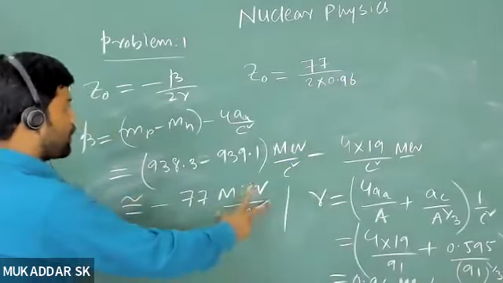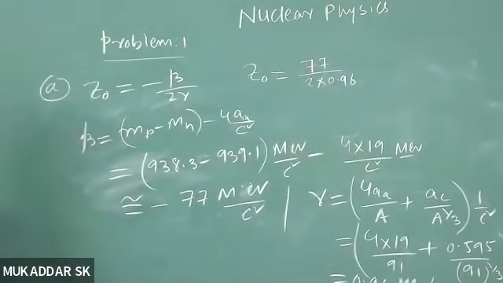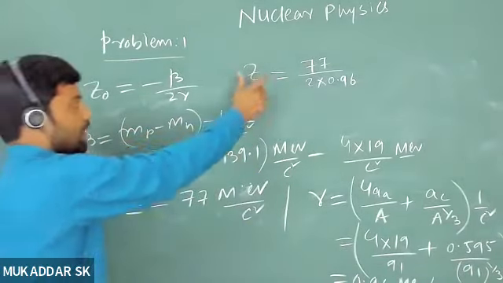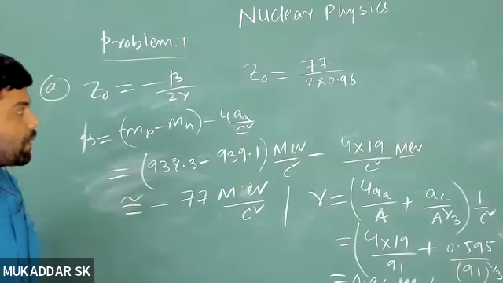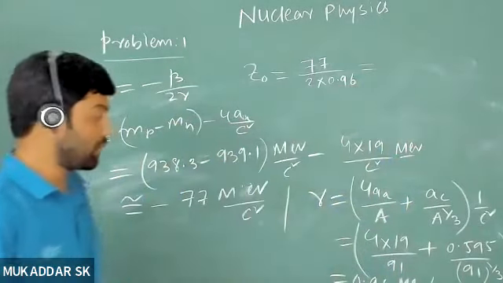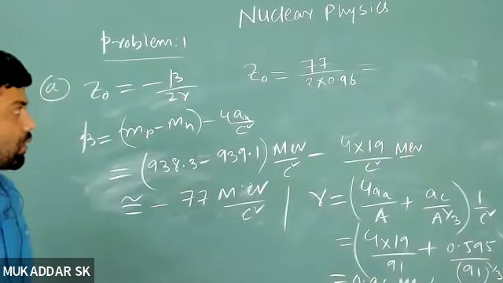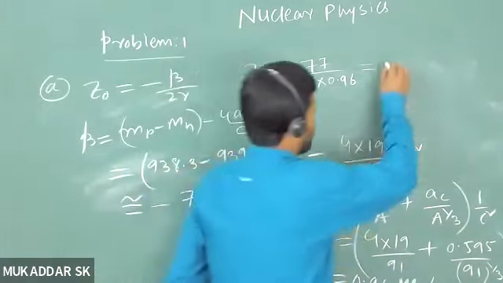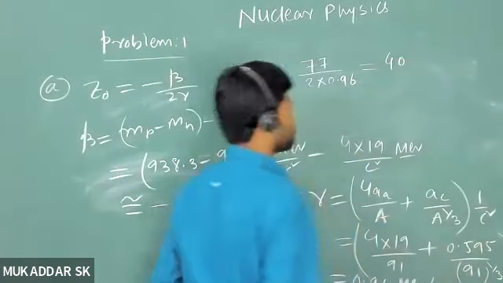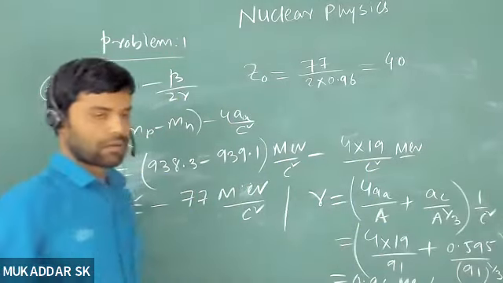And I can see beta का भी आपका unit क्या है, MeV per c square, gamma का भी MeV per c square, and it is obvious because you are calculating a number, right? So we calculate it, so that unit will be cancelled, right? MeV per c square in the numerator and denominator. As a result, you will get atomic number, that will be 40. So this is your first part.